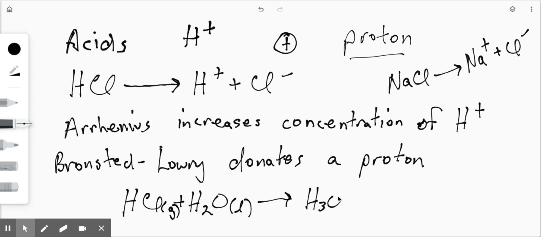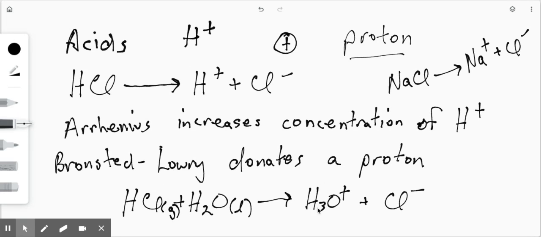And this interesting little species comes up. What would I be left with? Cl minus. So, yes, Bronsted-Lowry would say that hydrogen chloride is an acid because it donates a proton to water in this reaction.